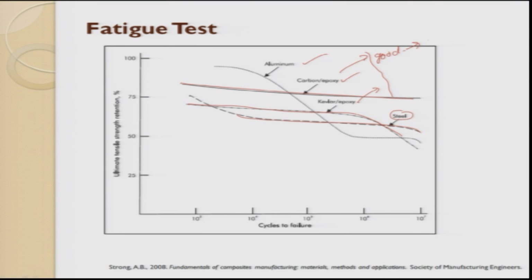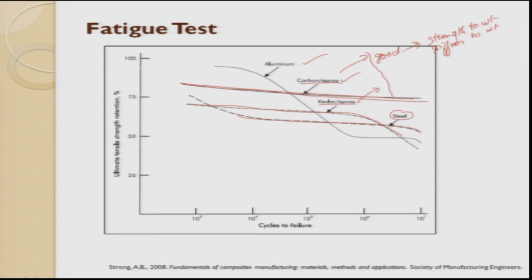Why? It has a strength to weight, stiffness to weight ratio. So it is lighter weight components. Lighter weight components or products can be manufactured by using carbon or Kevlar.